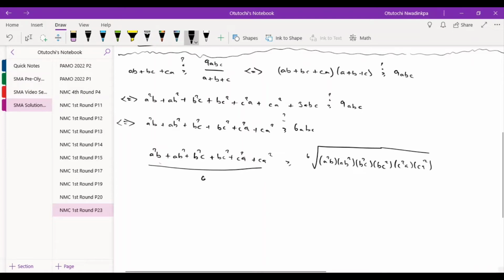And this is equal to the 6th root of A to the 6, B to the 6, C to the 6, which is equal to ABC.